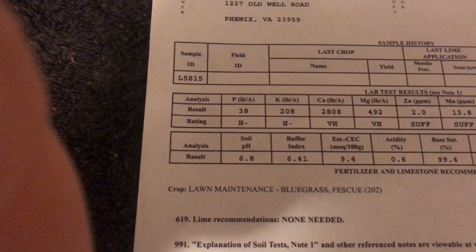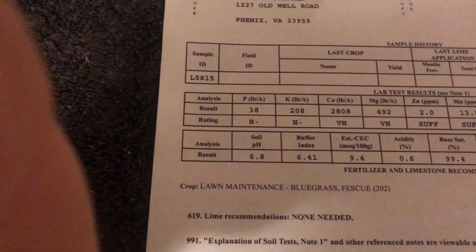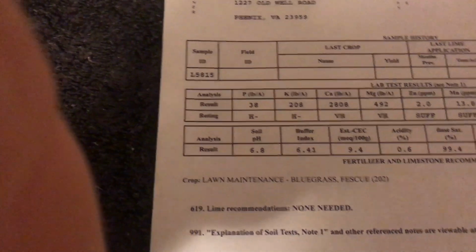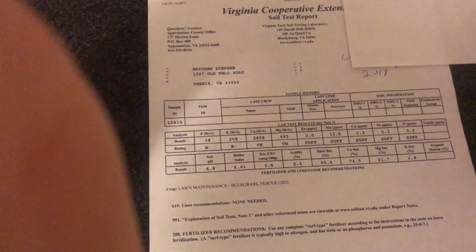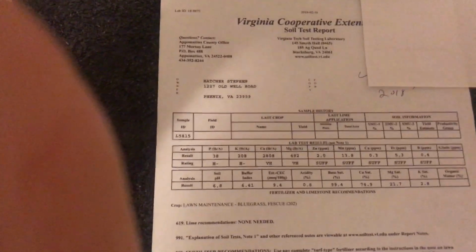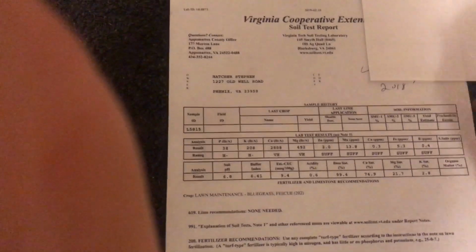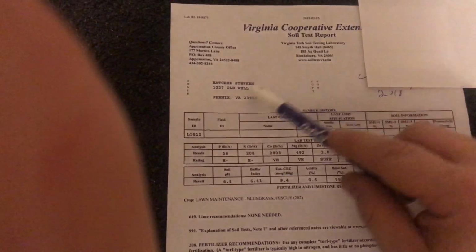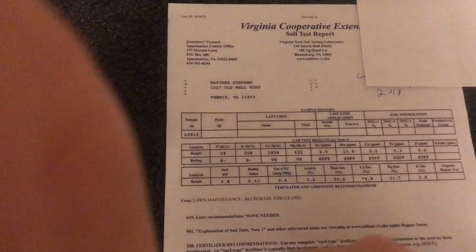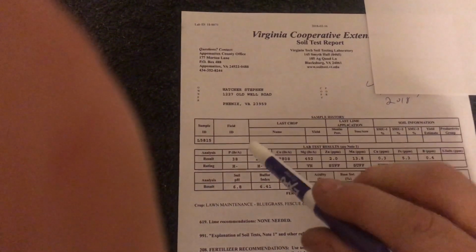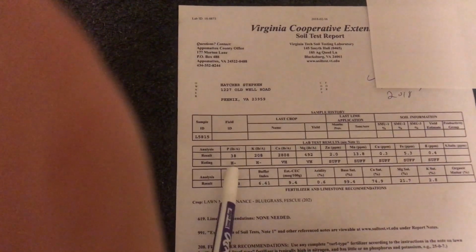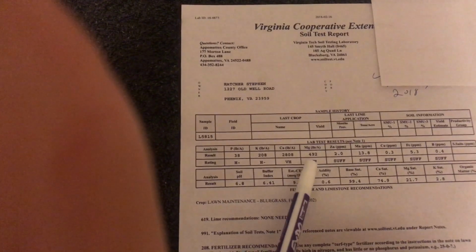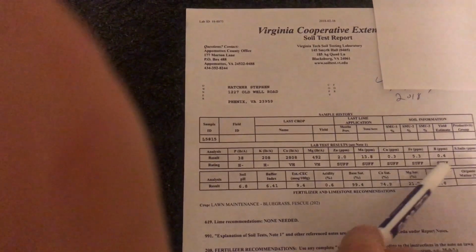All of this you can go find online, and I would recommend you find it based on the test you are using and match it to that, because there is some deviation. So like Virginia Tech uses the Mehlich 1 extraction method. If you see here, it says high minus, very high, sufficient, sufficient, sufficient, sufficient.